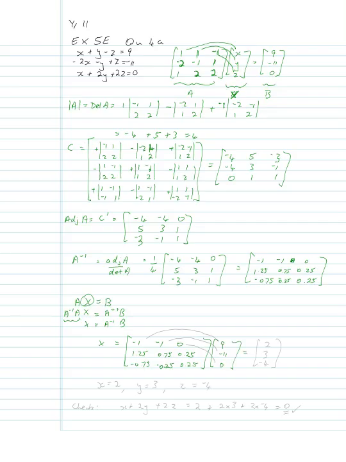So now when I do my matrix multiplication, we've got -9 plus 11 plus 0, so that will give me 2. Then we do the same thing for each of the rows, and we end up with 3 and -4. So what that tells me is that X is equal to 2, Y is equal to 3, and Z is equal to -4.